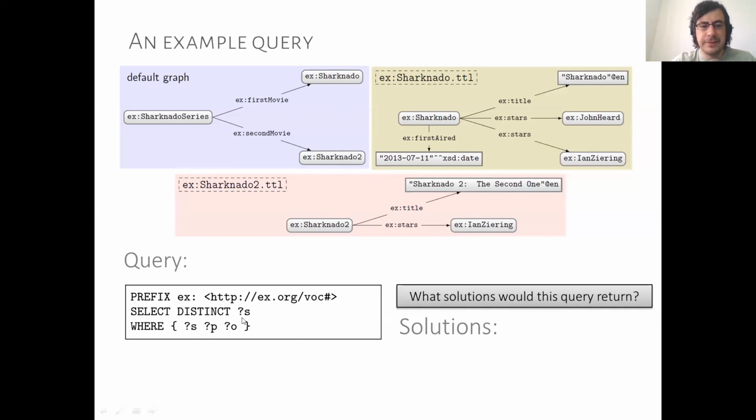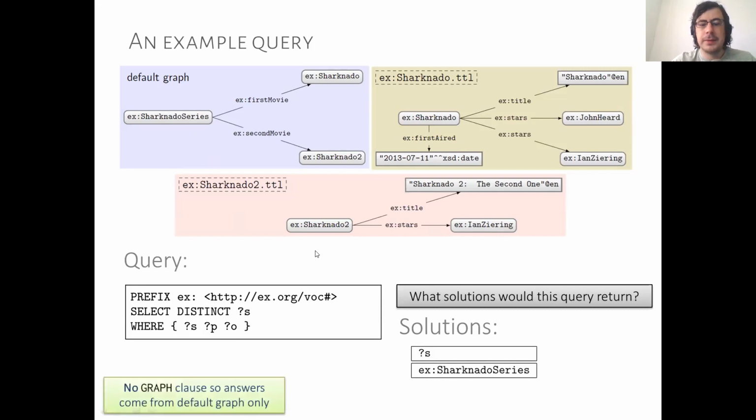So by default, we access the data in the default graph only. The solutions in this case would be Sharknado series, since we haven't specified any graph clause here. So when we don't specify any graph in the query, by default, we're accessing the default graph. No graph clause, so answers come from the default graph only.